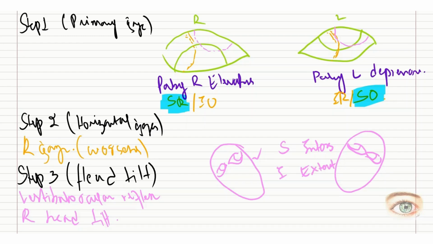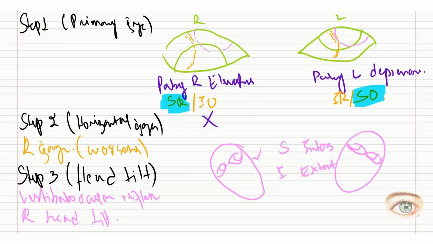So it worsens on the right head tilt and the eyes are going to move in the left direction. Now, on the right side we have the inferior oblique, which is an extorter, right? But here the eye is actually going into intorsion, so we are going to cancel this muscle.